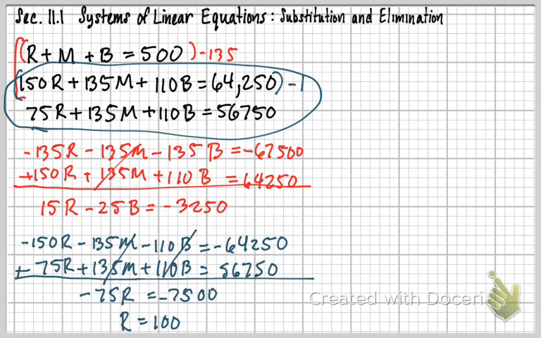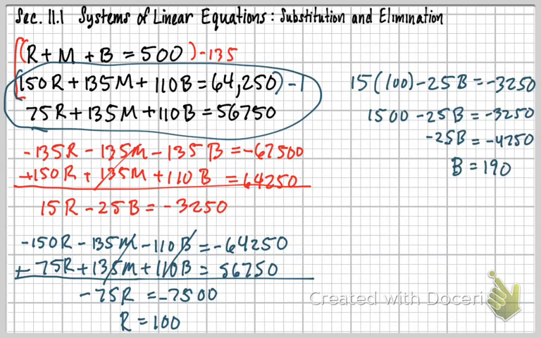So I can just go back to the equation above that one that I came up with, this one here, and plug in 100 for R now. So then that's going to be 15 times 100 minus 25B equals negative 3250. And then just solve this equation here, and going through the algebra, B equals 190.